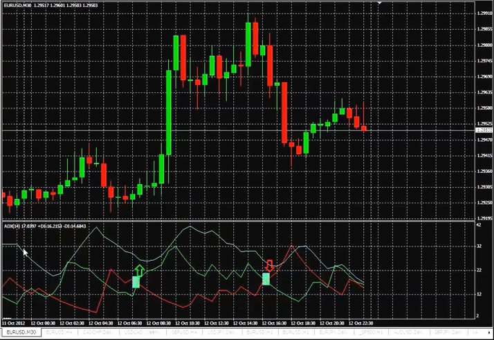What the average directional index shows is not exactly the direction of the price action, but the strength of the move. It shows the momentum, how strongly the price moves.